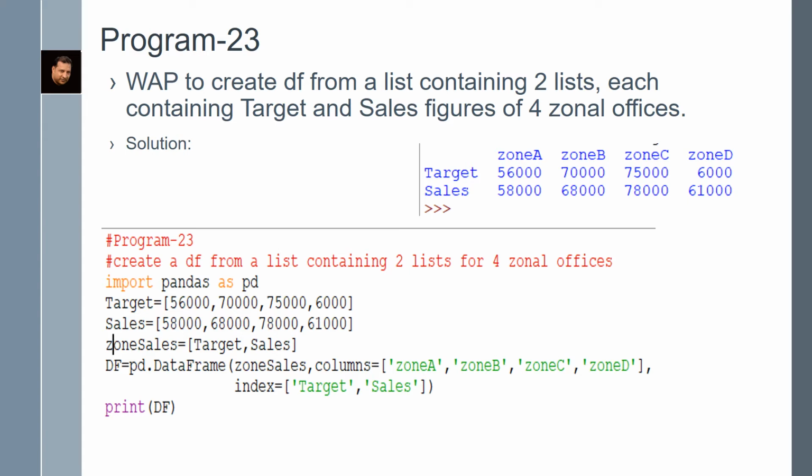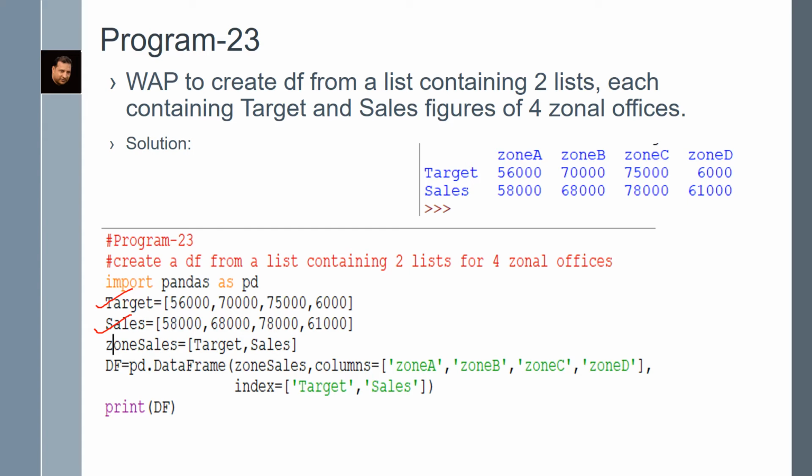Program number 23. Write a program to create a data frame from a list containing 2 lists, each containing target and sales figures of 4 zonal offices. See the program. We have 2 lists named target and sales with some figures.